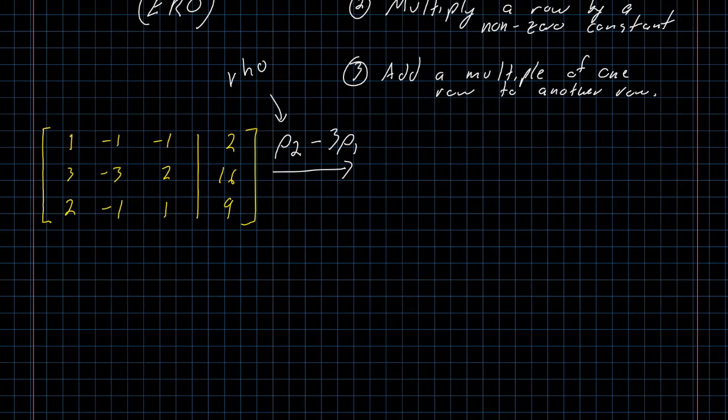So I'm going to take row 2. Yes, I'm going there. The second row is the Greek letter rho subscript 2. I'm going to take row 2 and I'm going to subtract 3 times row 1 from it. So the first row is going to stay the same.